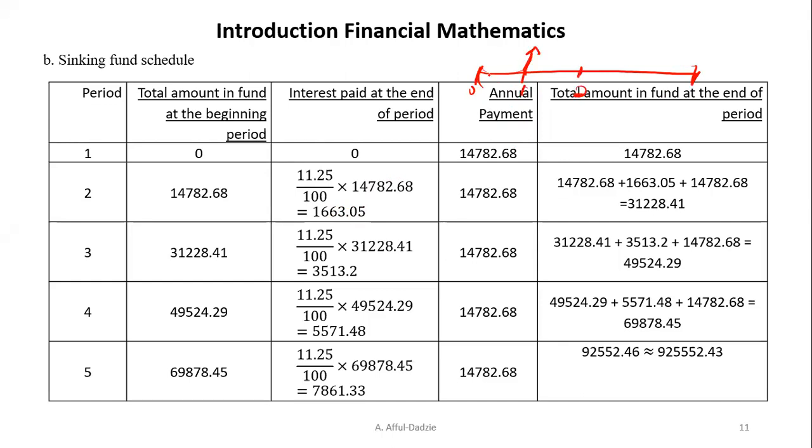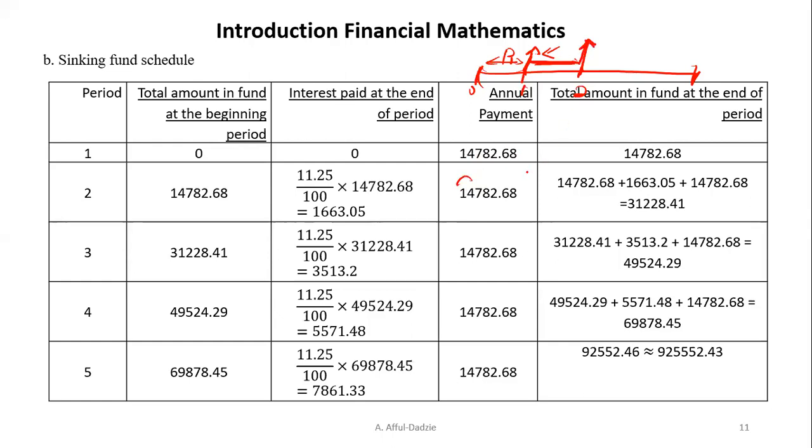From here to here is period 1. Now at the end of period 2, we must make a deposit, but because 1 period has elapsed, interest must be earned on the amount we deposited earlier. So now we make our deposit for period 2.